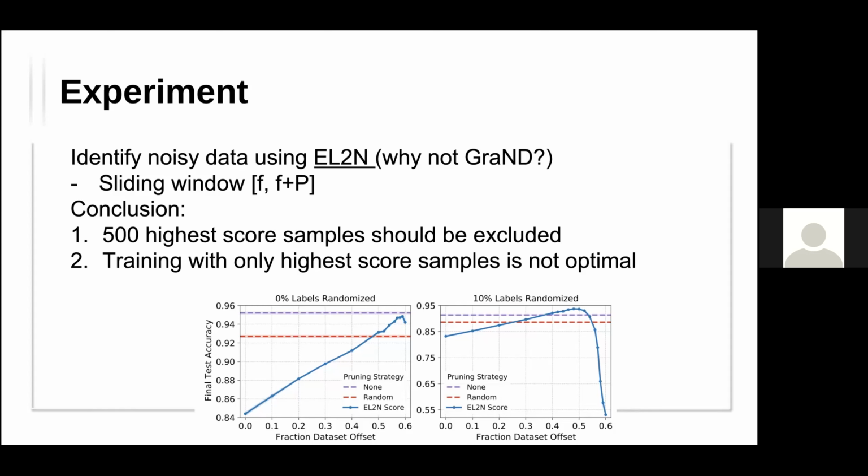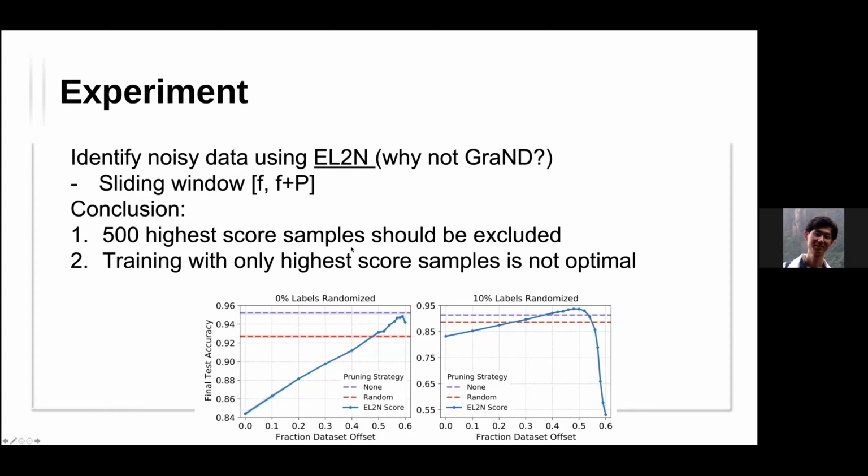So that means because they have a sliding window, when the fraction becomes 0.6, you basically include the top 60% of data, and then you will include some highest score samples.